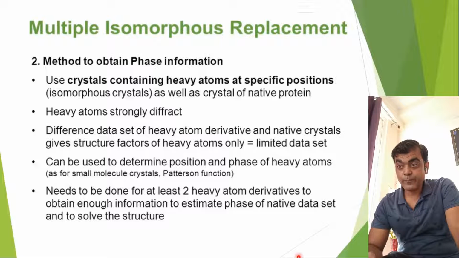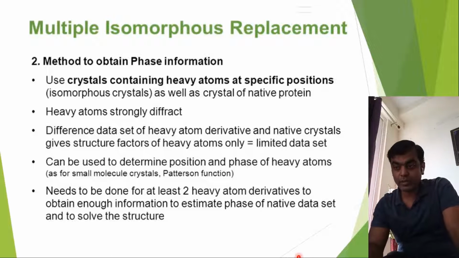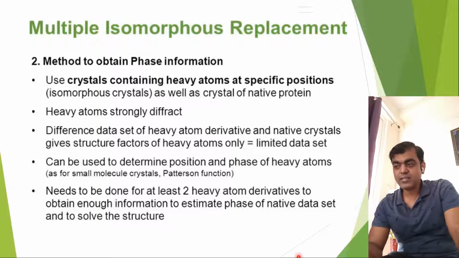Here we are using crystals containing heavy atoms at specific positions. So these are isomorphic crystals as well as crystals of native protein. That will be a combination basically, right? But the main important thing is having heavy atoms at specific positions, right?